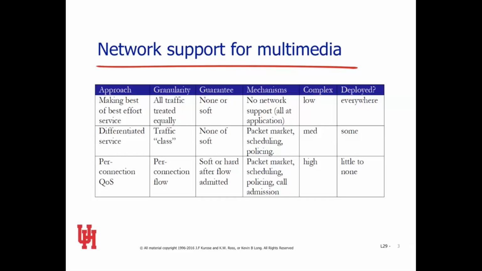You don't have to do any of that stuff. If there's plentiful resources, then you just let things happen best they can. And that's a decent approach. We've done a lot of that because it's simple. And as long as it fits within the business model of the ISP, then you can do that.